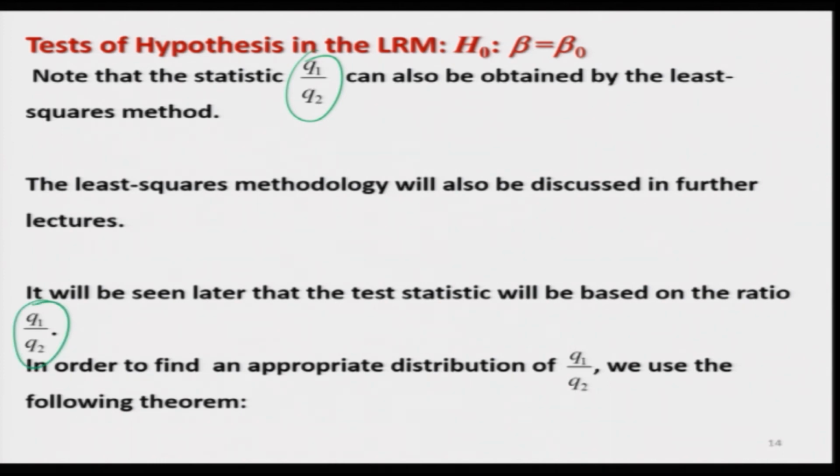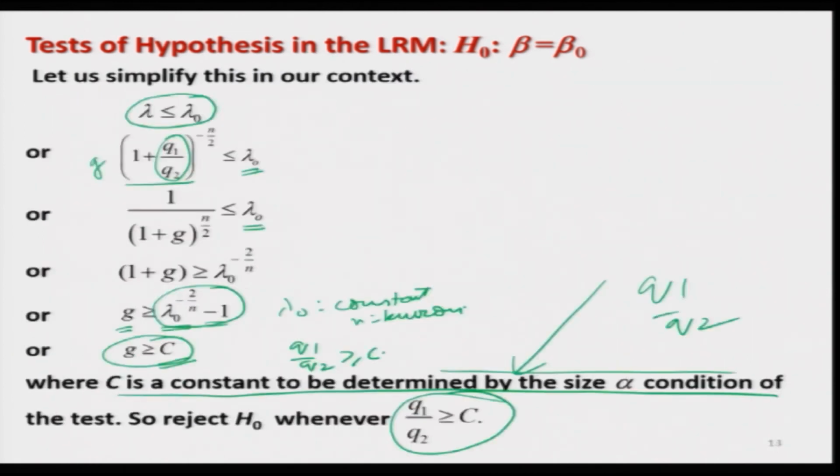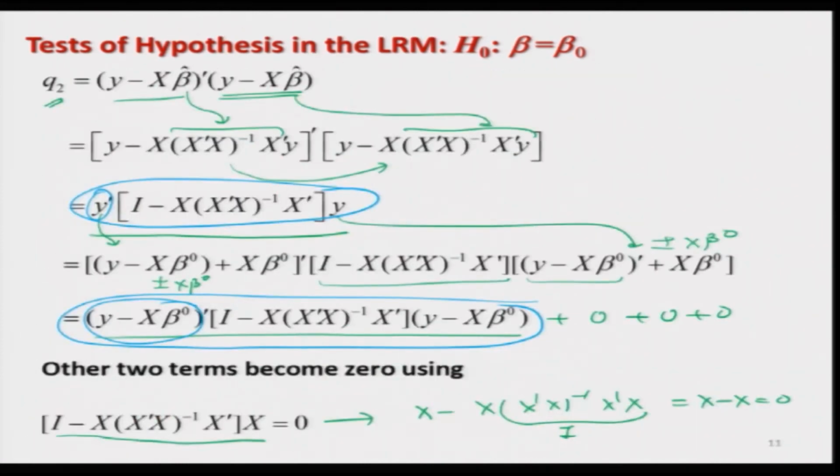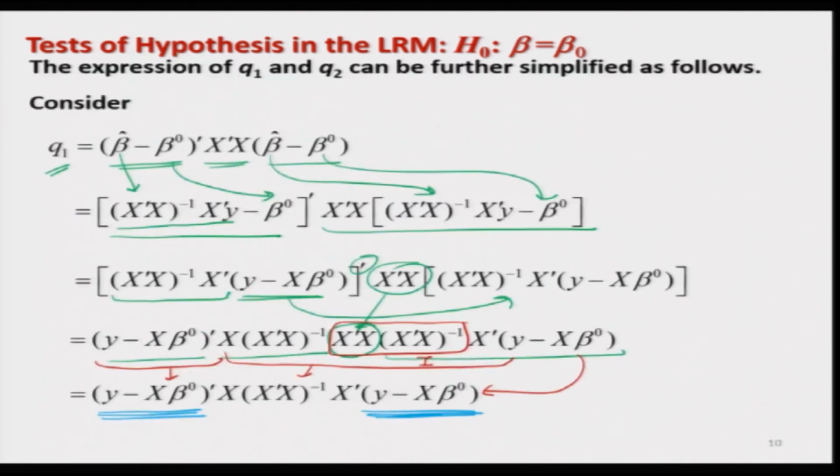Now we need to find the distribution of Q1 upon Q2, so that I can find the value of this constant C, because the values of small q1 and small q2 are simply functions of the observations. For Q2, y is known to us, x is known to us, beta hat is known to us, so you can compute Q2. What about Q1?